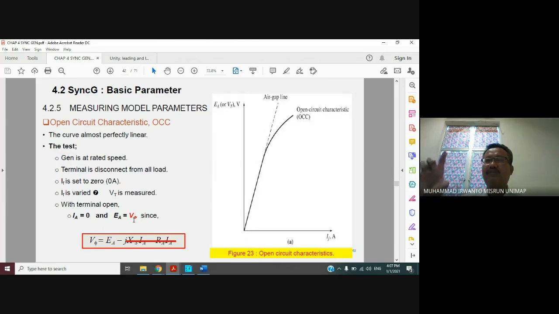The terminal voltage, phase voltage is equal to internal generated voltage. Every change of the field current will produce a change in the value of internal generated voltage EA.